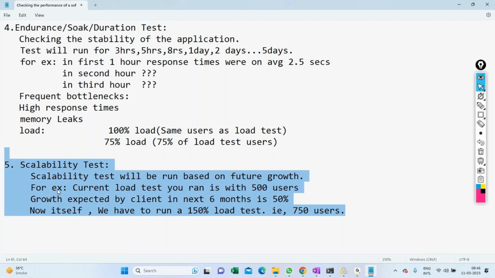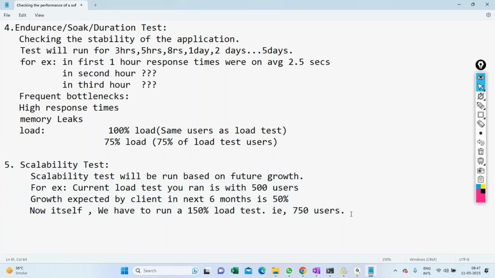Can you let us know, with the current infrastructure and the current server configuration, will our applications withstand the 400% load?" The client clearly asked us to check if our applications would be able to withstand 400% of load, because in the next 3 months they were expecting 400% of load due to the pandemic.